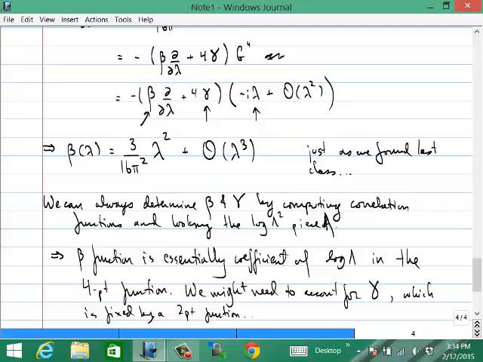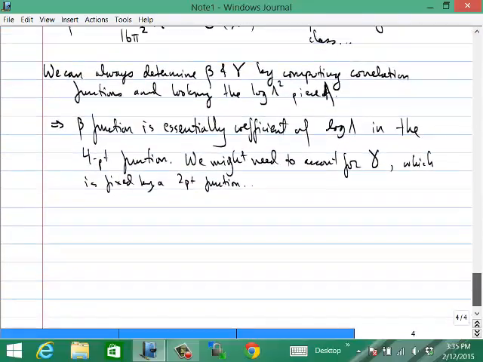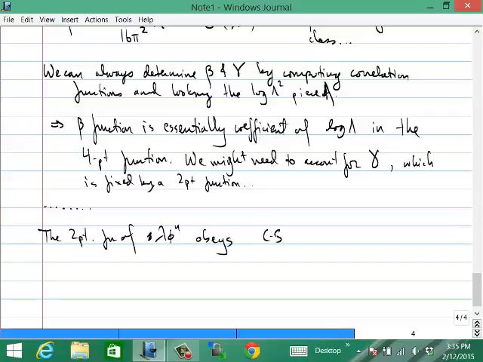So it's worth stepping back here and thinking a little bit about the big picture. We saw that the correlation function, let's say the two-point function of lambda phi 4 theory, obeys a certain differential equation as a function of the renormalization scale.